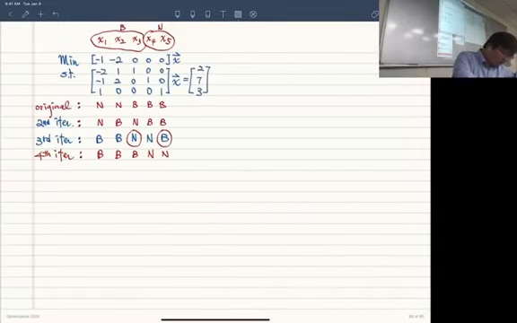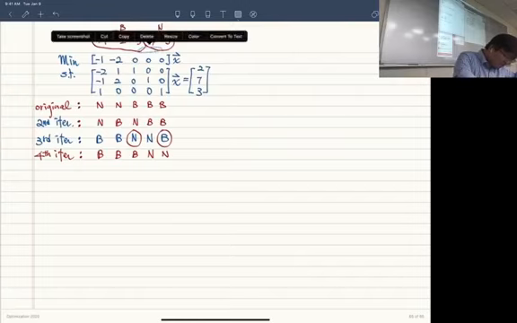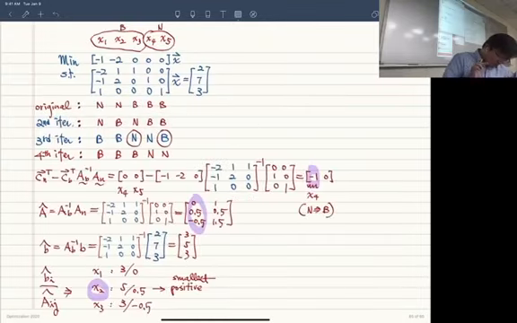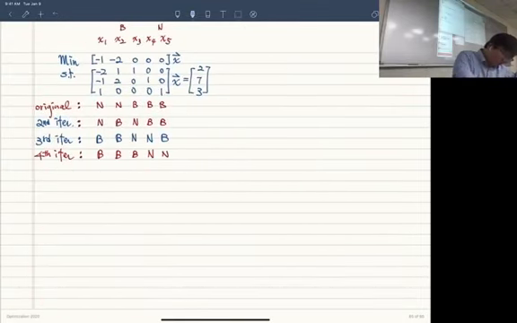I want to go home already. So 2 and 4. Do the swapping. 2 and 4. Fifth iteration.